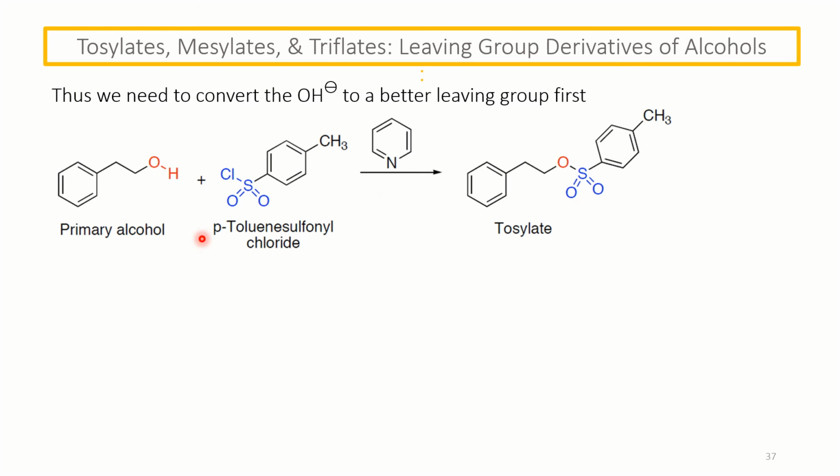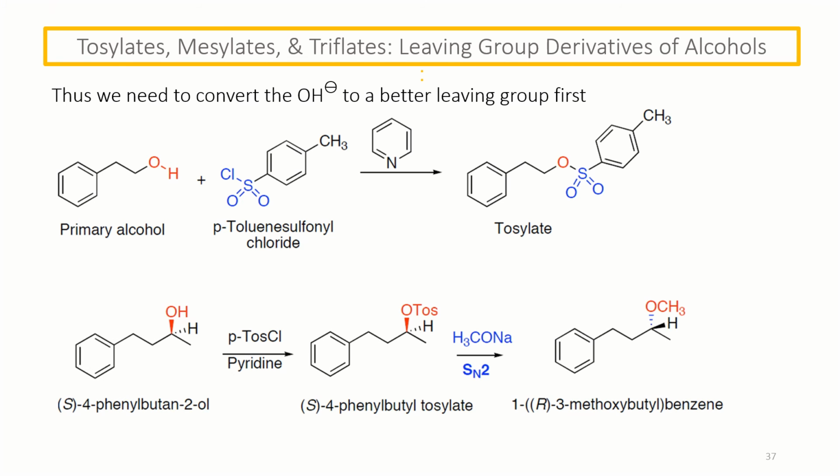Tosylate is quite a large molecule, and we react it with the OH. So a simple substitution reaction occurs, and this is the tosylate derivative. This carbon now becomes a rather good electrophilic center because this is quite a good leaving group.